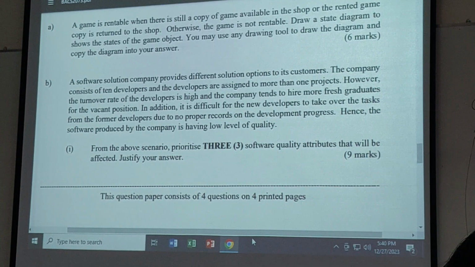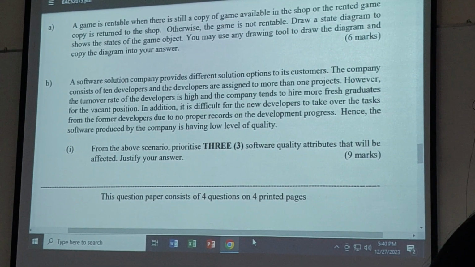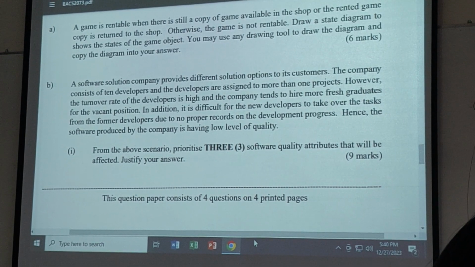In addition, it's difficult for new developers to take over the task from the former developer due to no proper documentation. Hence, the software produced by the company has a low level of quality. What 3 quality attributes are being affected?